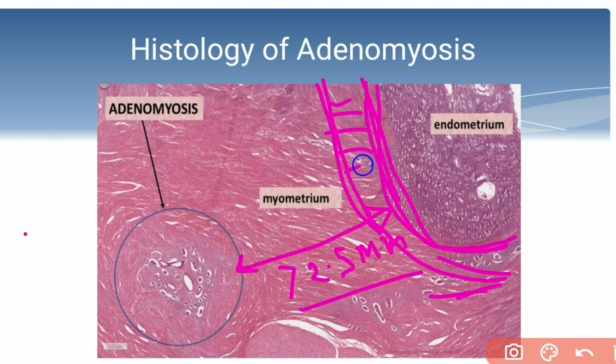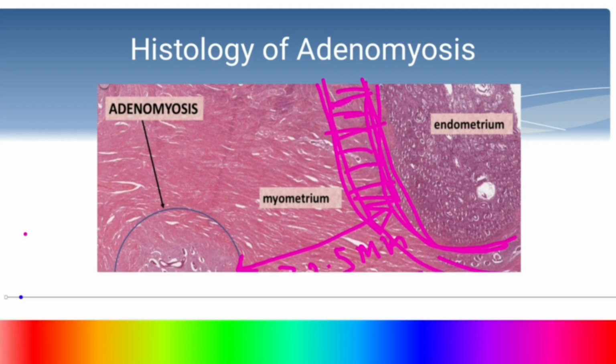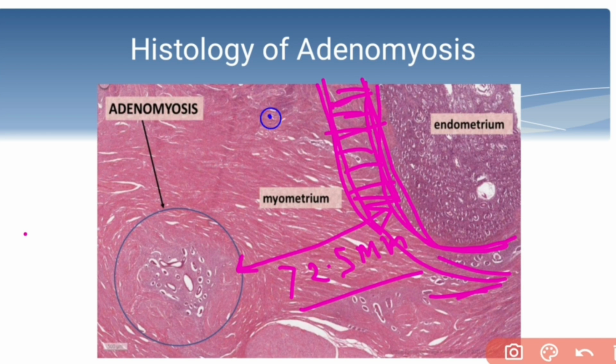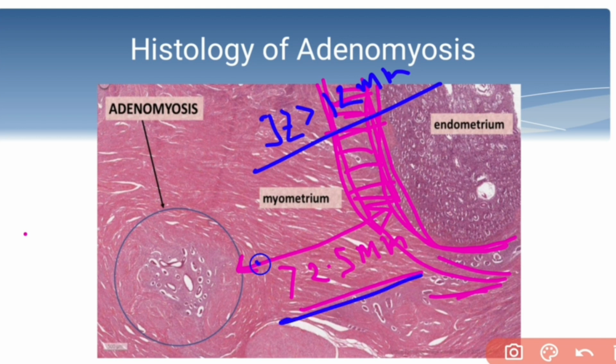This thickness will be the junctional zone thickness, and that junctional zone thickness will be more than 12 millimeter. These are the diagnostic criteria of adenomyosis in histopathological examination.